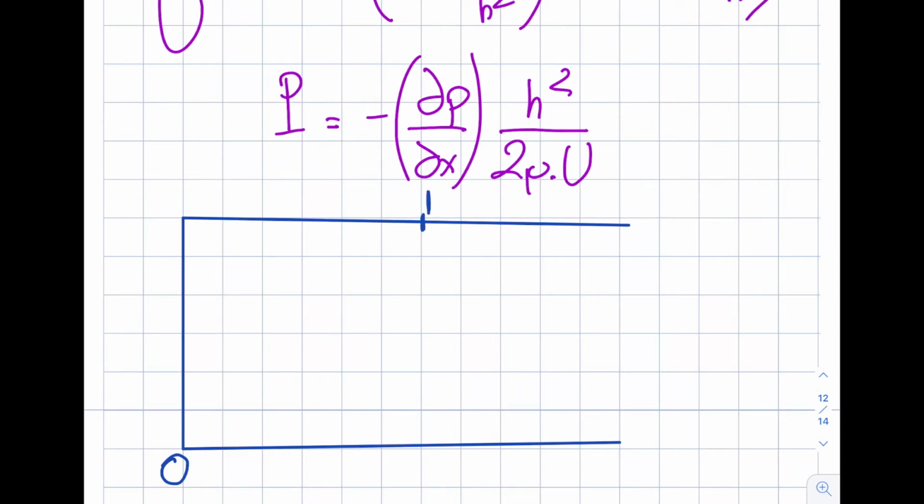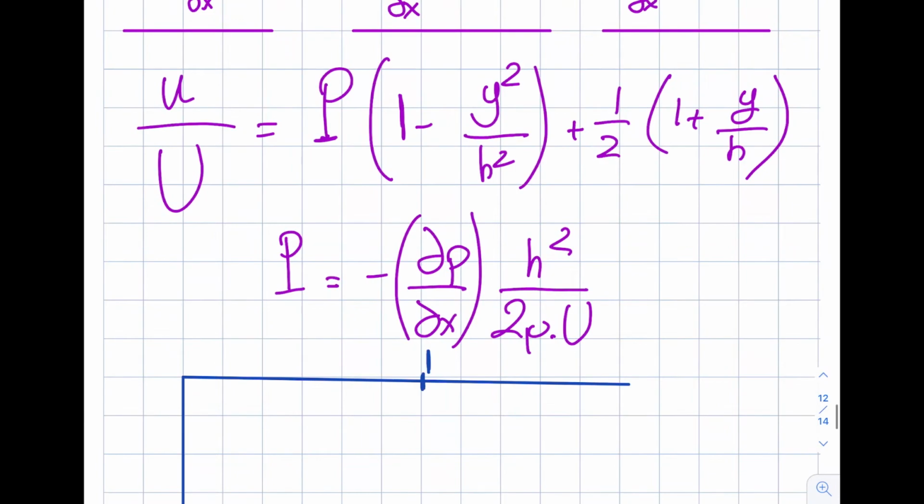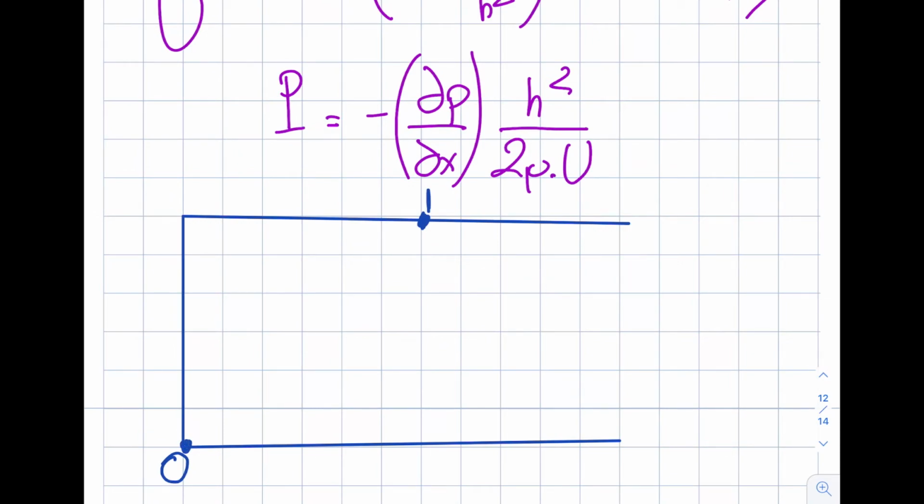So at the top plate, when I plug y is equal to 1, what will happen? If I plug y is equal to 1 here, this goes away. If I plug y is equal to 1 over here, I get 1, right? Because h over h is 1, 1 plus 1 is 2, 2 divided by 2 is 1, so I got myself 1. Over here, I got myself 0. So how they are related will depend on this p value, okay?